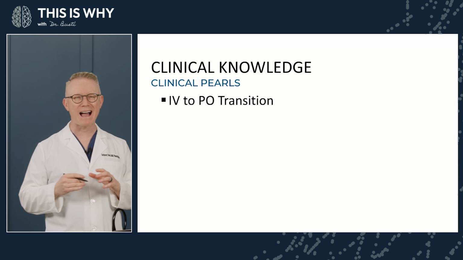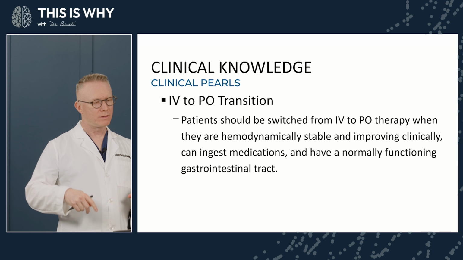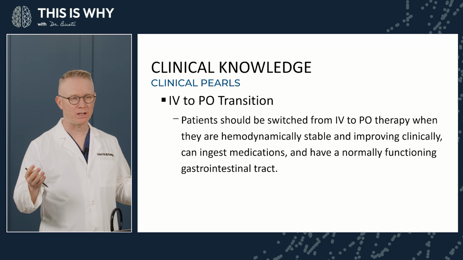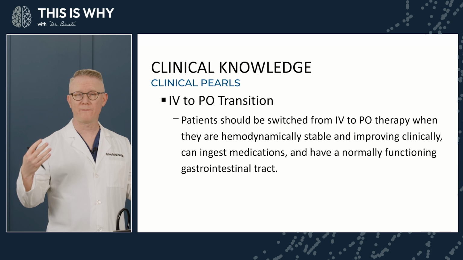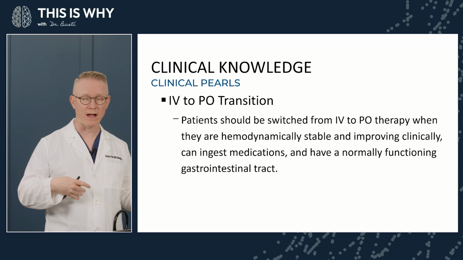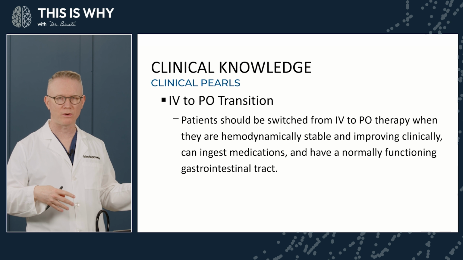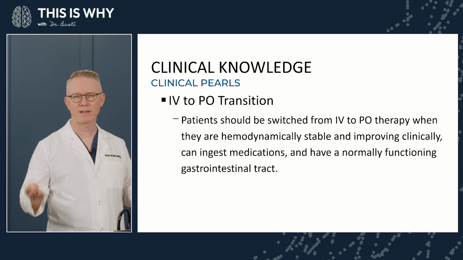Now, what about IV to PO transition? Again, this is part of that, once a patient is more alert, their mental status is improved, or they're not vomiting from their illness, because even with the virus, you can get gastroenteritis, then we want to use the gut, especially if it's working and they're hemodynamically stable.